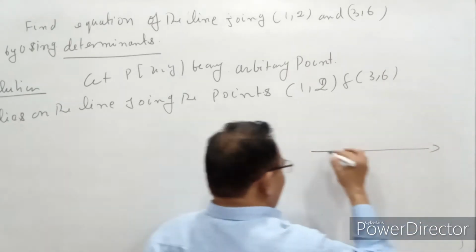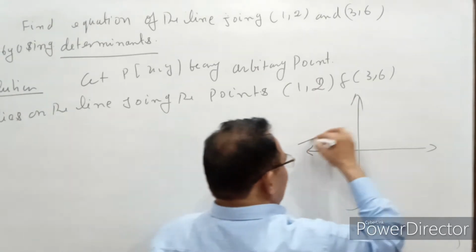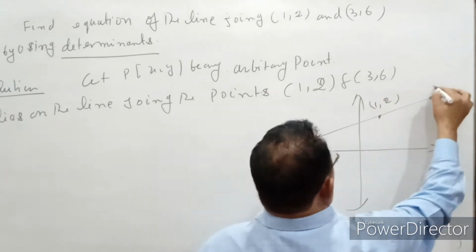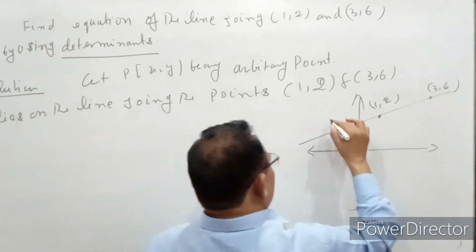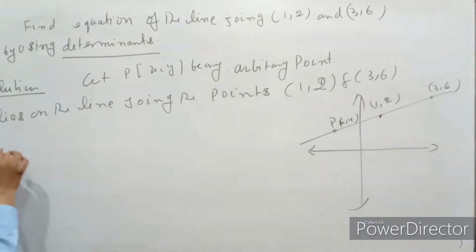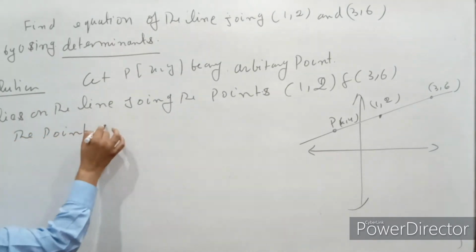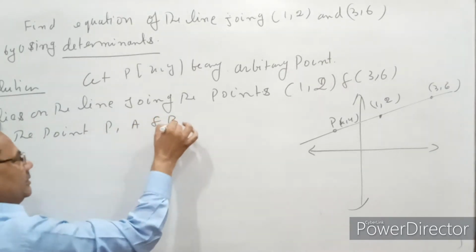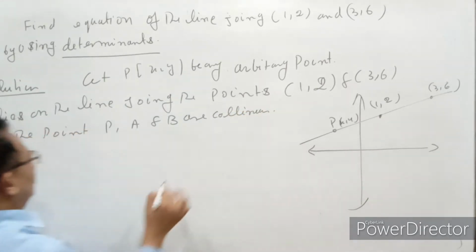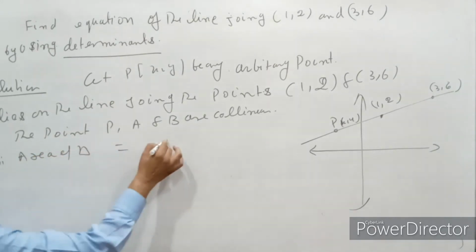That is, this is the line. This point is (1, 2) and this point is (3, 6). Let us take P(x, y) as any point. Then the points P, A and B are collinear, therefore the area of the triangle should be equal to 0.